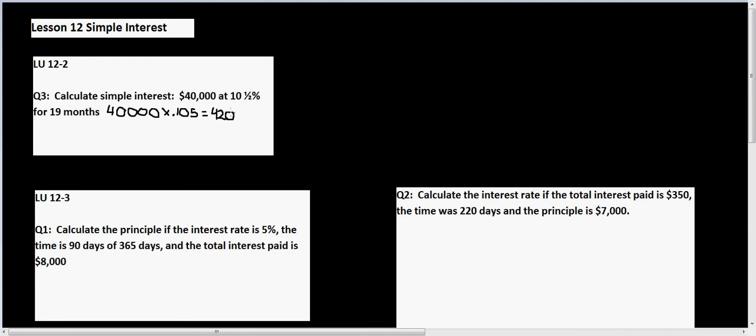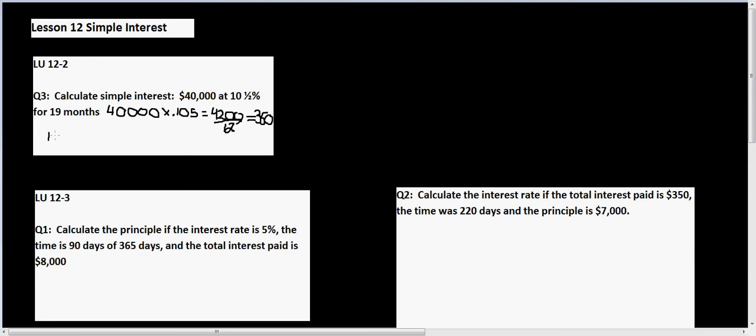That's for 12 months. If I divide this by 12, I find out that my monthly interest I was paying is actually $350 a month. I've had this for 19 months.